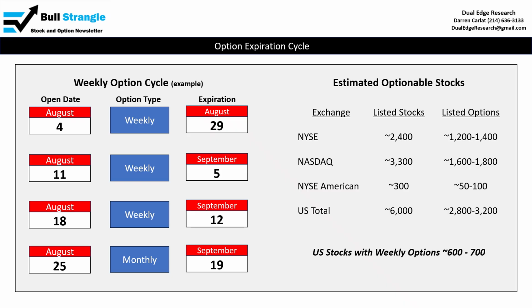This is kind of a new trend, but there are ETFs that are focused on stocks like NVIDIA or Tesla or MicroStrategy. So you do have to be careful that even though they don't report earnings, they are closely associated with stocks that report earnings. So you have to treat them the same.